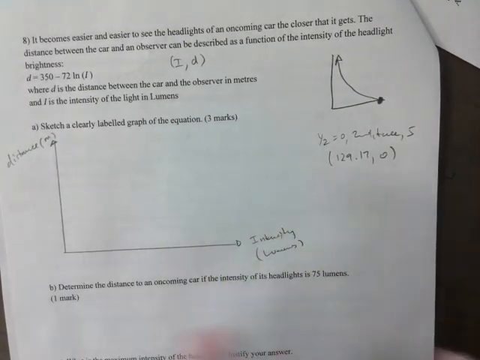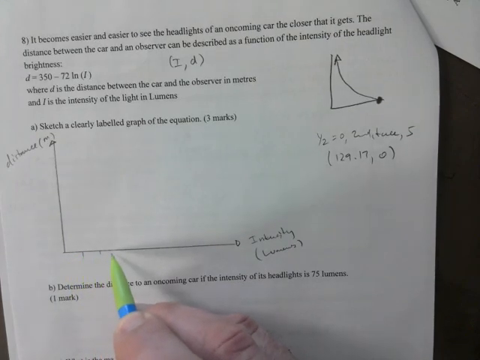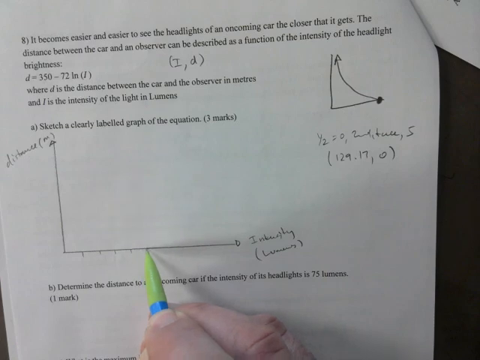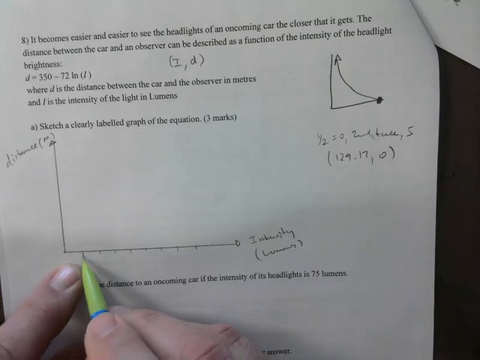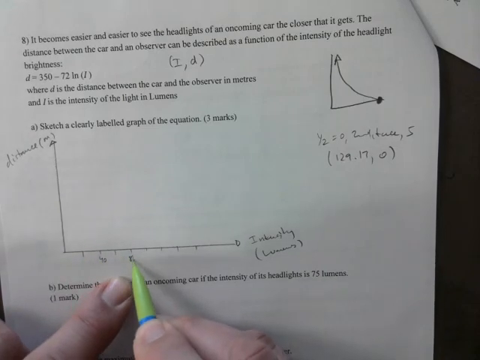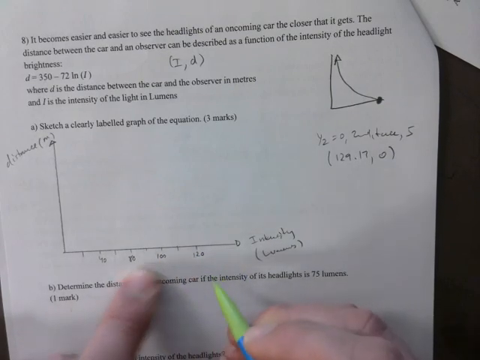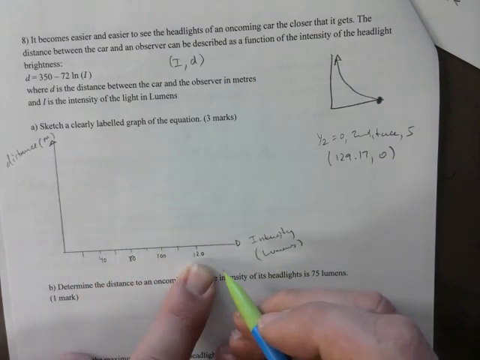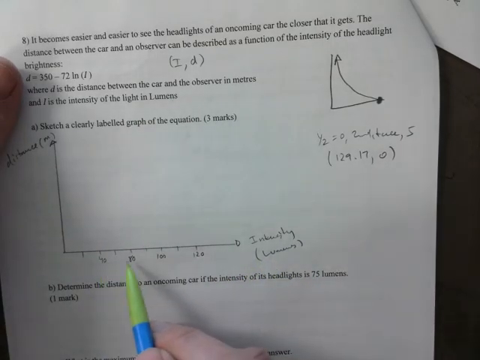I need to accommodate 129. So I'm going to try something here. 20, 40, 60, 80, 100, 120, 140. That's just fine there. So 20, 40, 60, 80, 100, 120. Okay, so I'm going up by 40s every other mark. Is that correct?